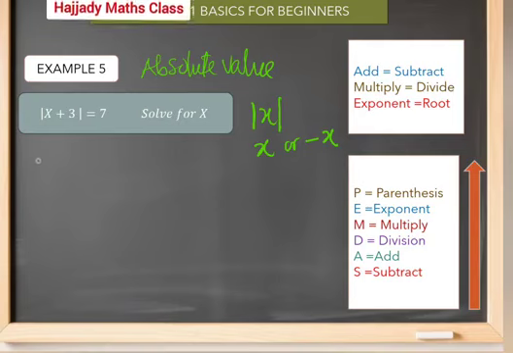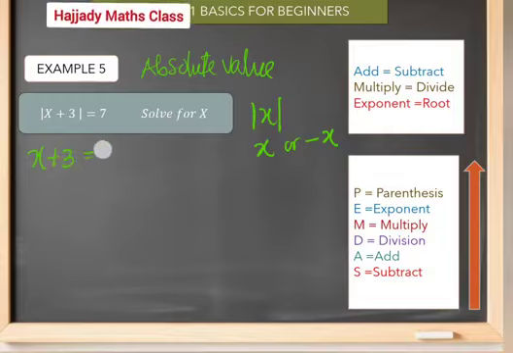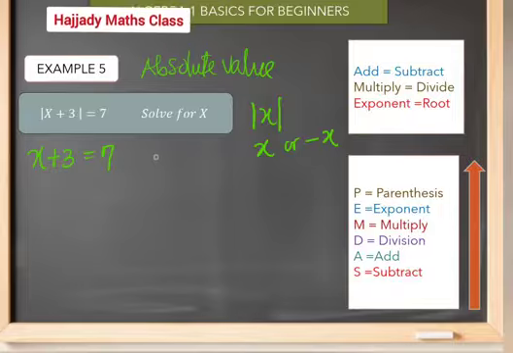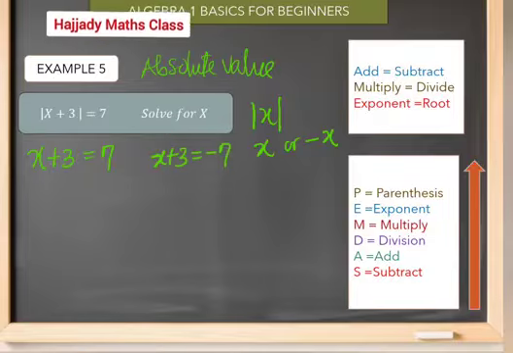Now, here we have the absolute value of x plus 3 equals 7. Here it means we have x plus 3 equals to 7, or we have x plus 3 equals to negative 7.